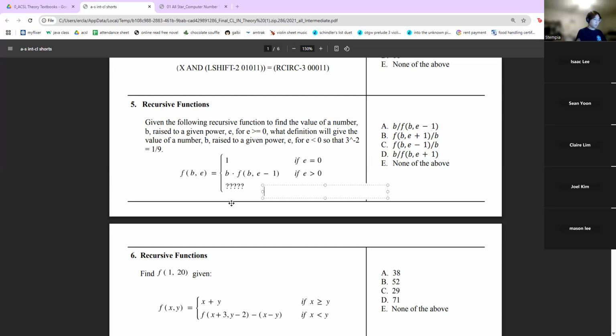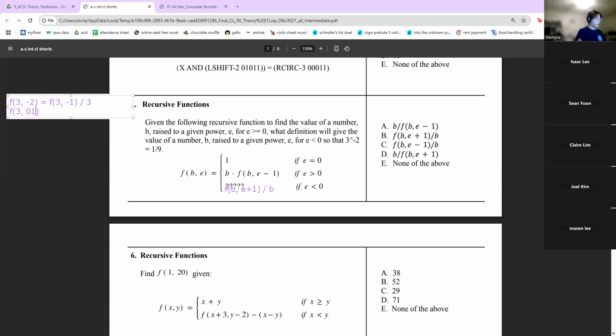We've replaced it with f of b comma e plus 1 divided by b. That is our new function. If we try to solve this where f is 3 comma -2, this is equal to f of 3 comma -1 divided by 3.